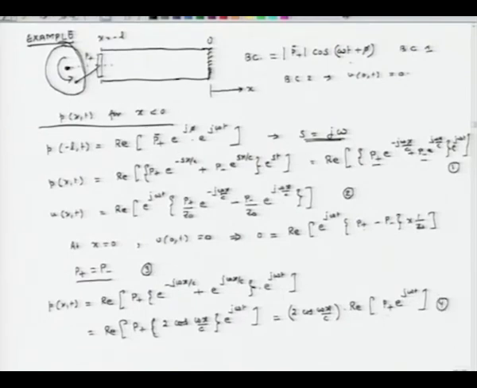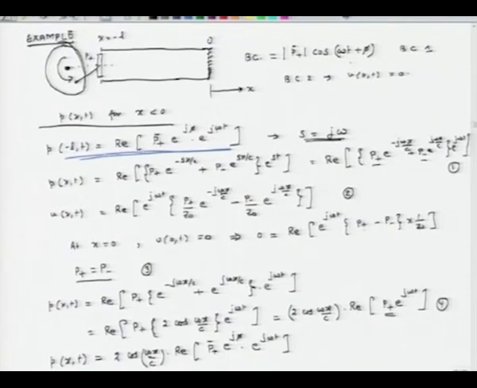Now, if I put the value of x at minus L, or if I try to figure out what is the value of P plus from this relation, then what I get is my final solution for pressure: P(x,t) equals 2 cosine(omega x over c) times real of P plus bar e^(j phi) times e^(j omega t).